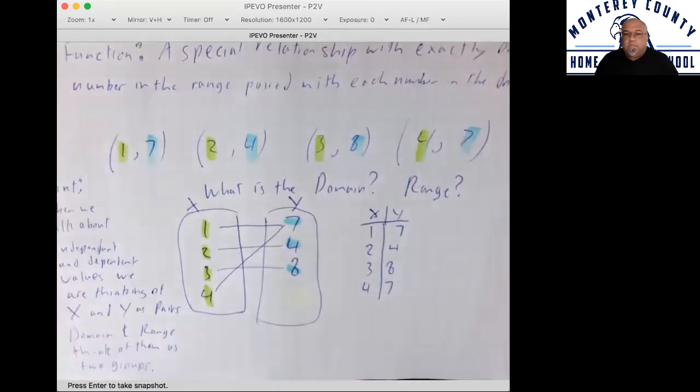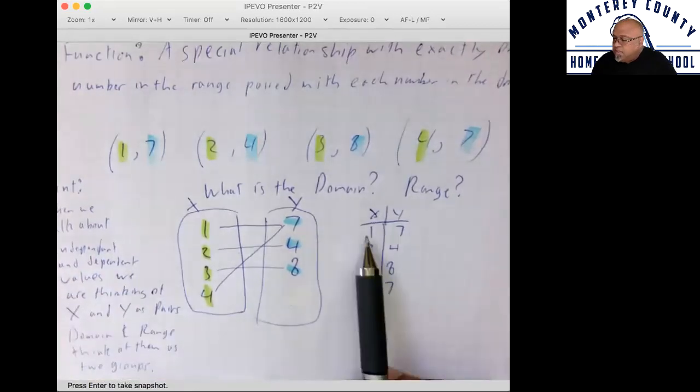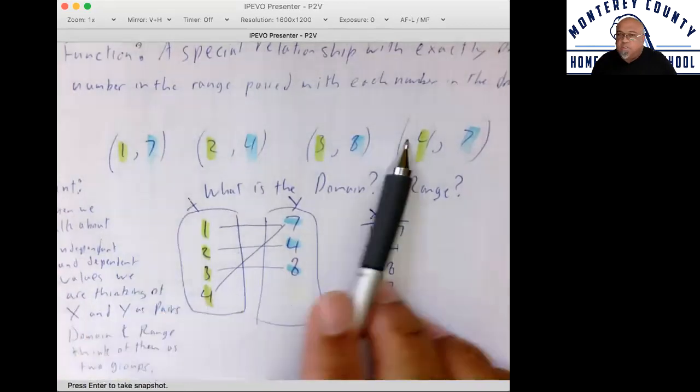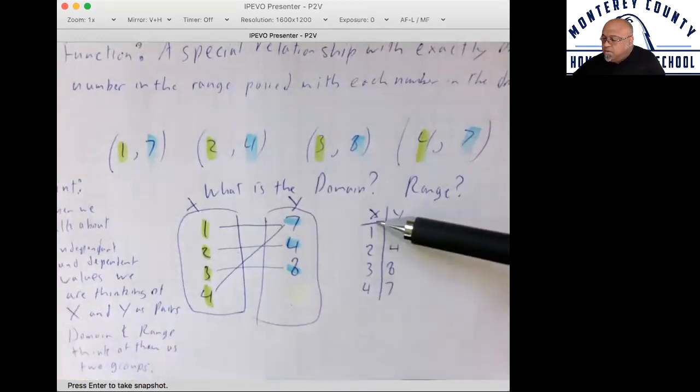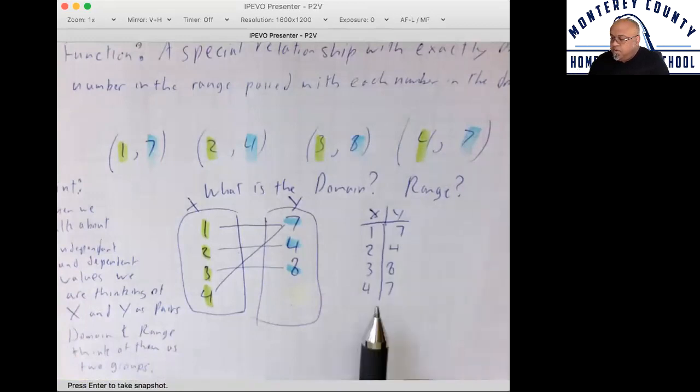Now in the table, I can kind of look at them horizontally and I see the ordered pairs. So I think of them as dependent and independent. But the nice thing about the table is I can also look at them as domain and range. Okay, how they're separated. Okay, I hope this clarifies.